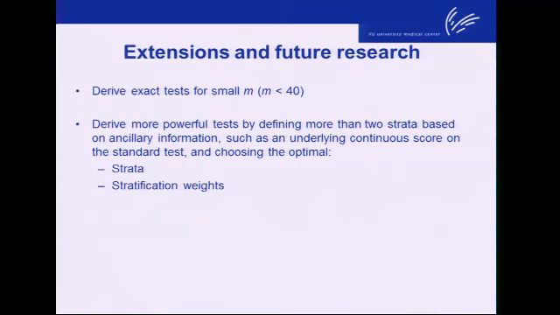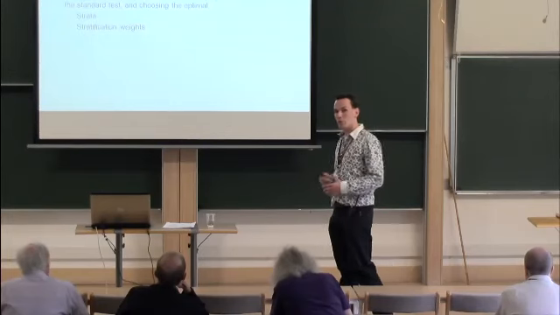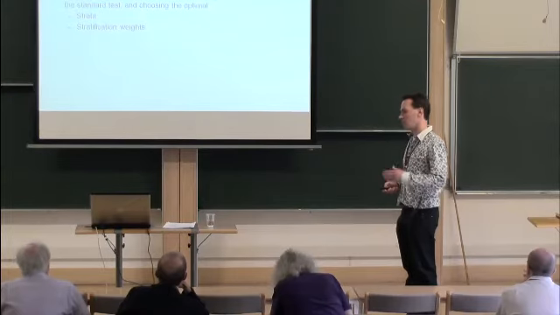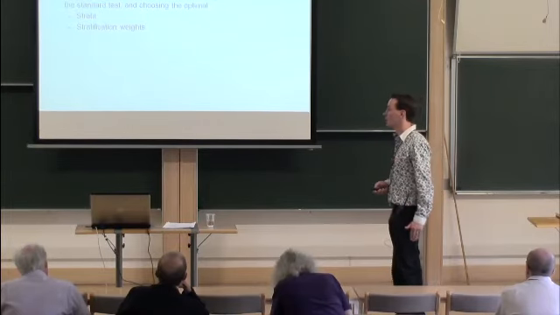So you could think of defining more strata, and we think that oversampling of samples that are close to the cutoff value might give you more information, and might even lead to a further reduction in the sample size you need.